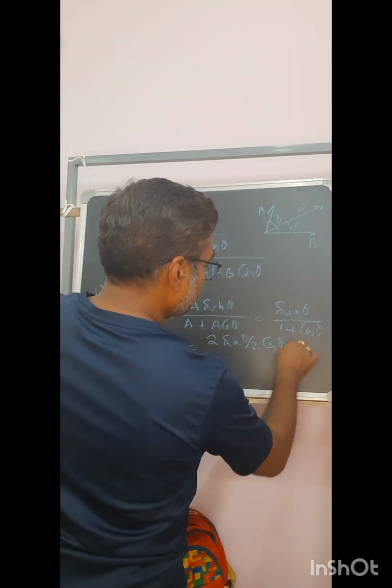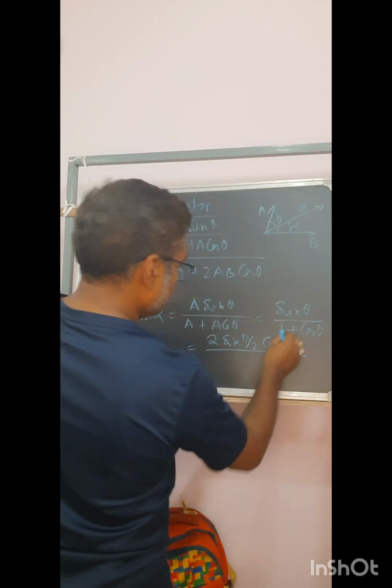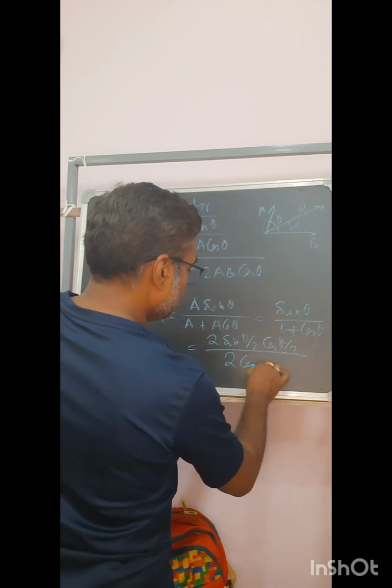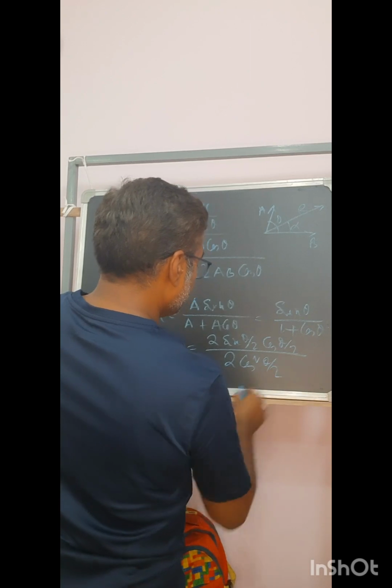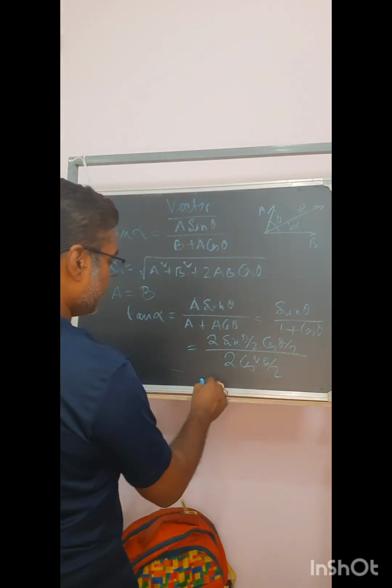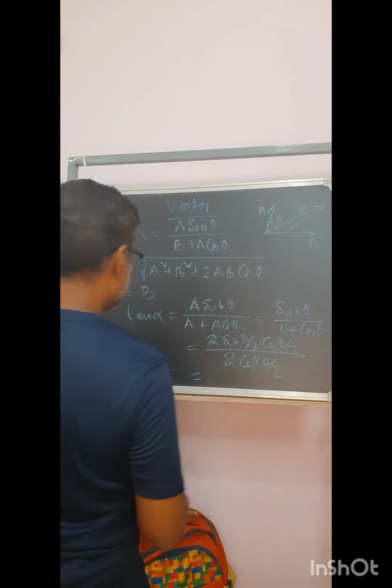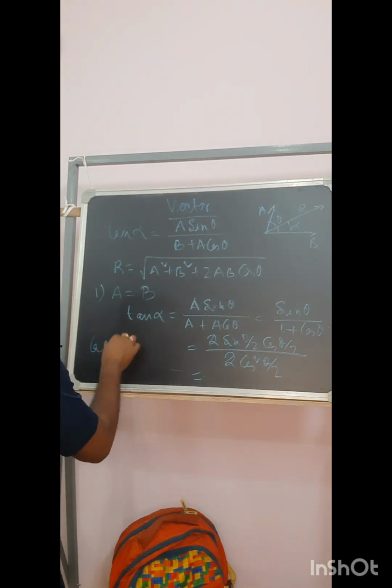So the numerator becomes 2 sin theta by 2 cos theta by 2, and the denominator is 2 cos square theta by 2. Out of this, we can cancel cos theta by 2 and the 2, because cos theta by 2 is not 0.